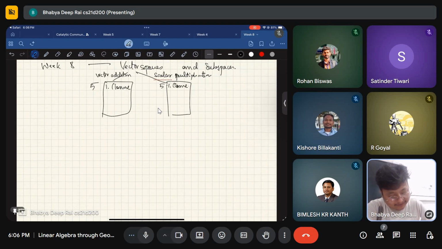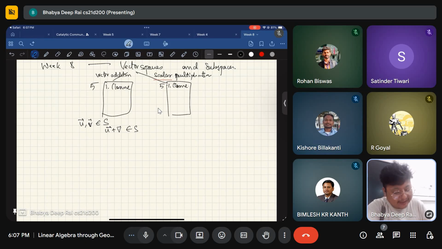What does that mean? If I have a vector space S, closure under vector addition means that if I have two vectors u and v, when I add them, I should get a result in the same space. The addition should belong to the same space of vectors. That is called closure under addition.